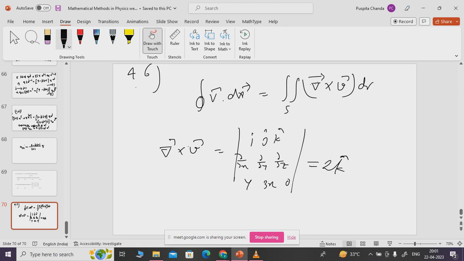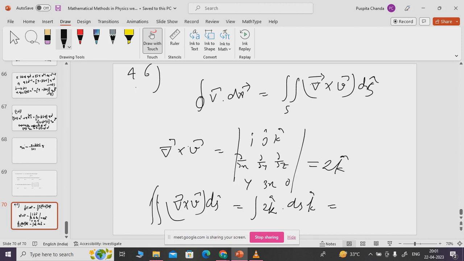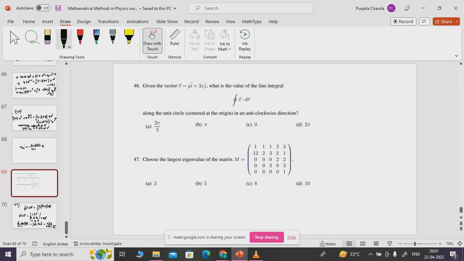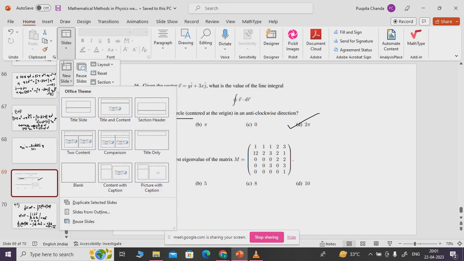Here it is y, 3x, 0. So only remaining term is 2k. So curl of V dot ds, it will only be ds k dash, k dot k is equal to 1, only k term, so 2 in ds, so it will be 2 into pi r square. R is equal to 1, so answer is 2 pi. Unit circle, so answer is 2 pi.